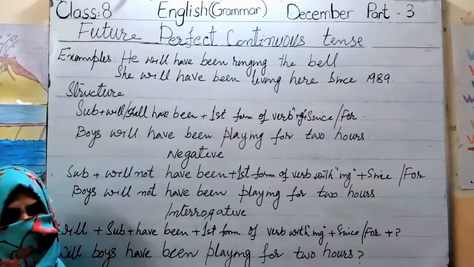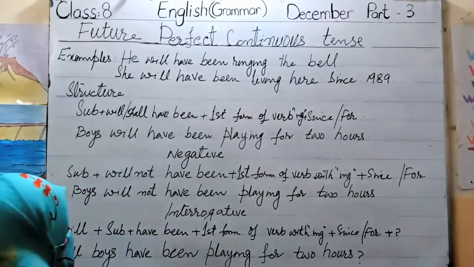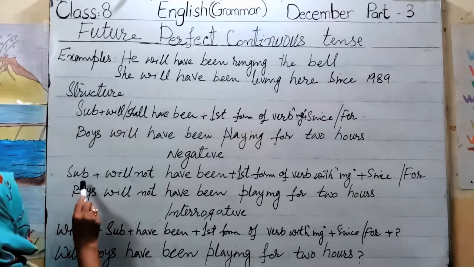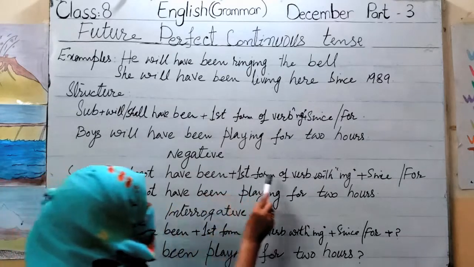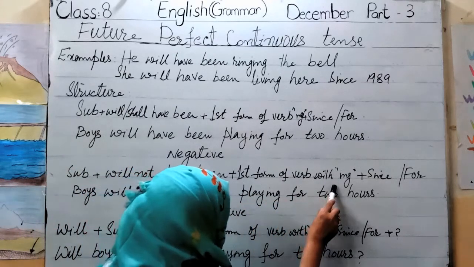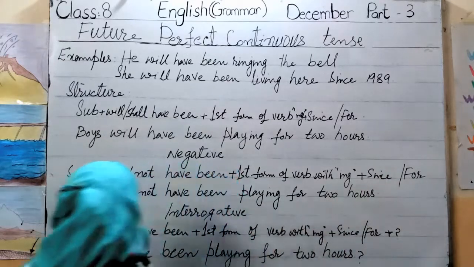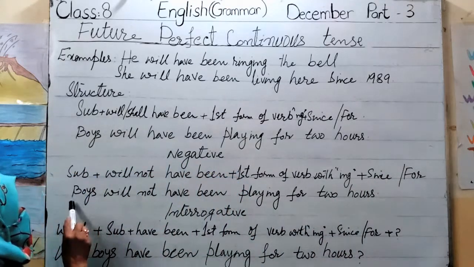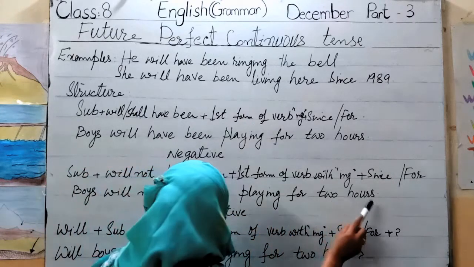Now students, how will you change this sentence into negative? Subject will not have been, first form of verb with ing, since or for. Example, boys will not have been playing for 2 hours.